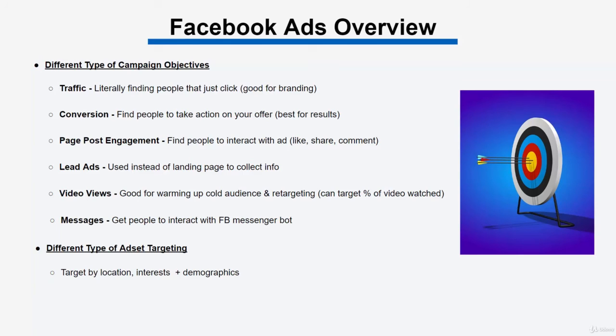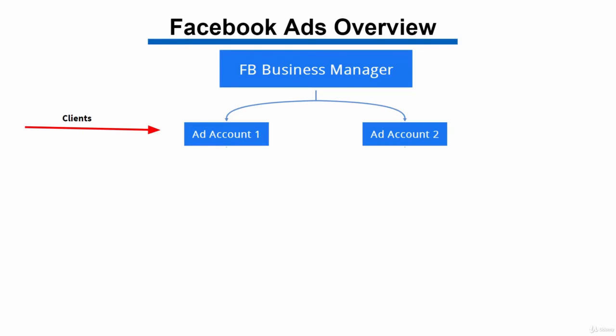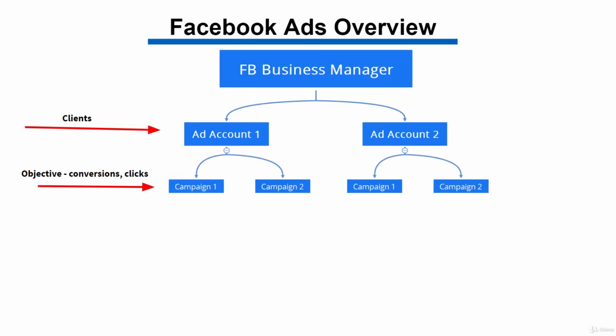So now let's look at a visual representation of the Facebook campaign and business manager. So here we have the Facebook business manager at the very top. That's our main hub. And then we have the ad accounts. These are going to be created for your clients, right? And then the second level here, we have the campaign objectives.